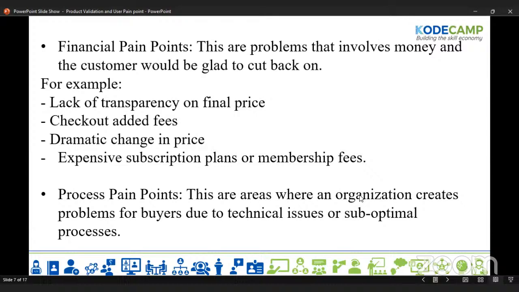So the next point will be the financial point. I talked about checkouts. I'll talk about making a product sticky. At the time people want to use a product, say I want to save a program because I'm not available and I want to save it so I can watch later.